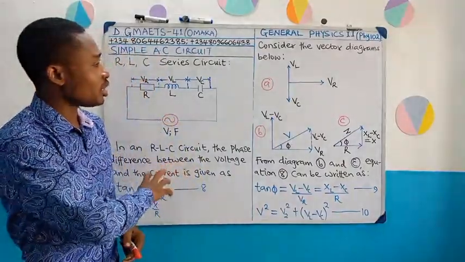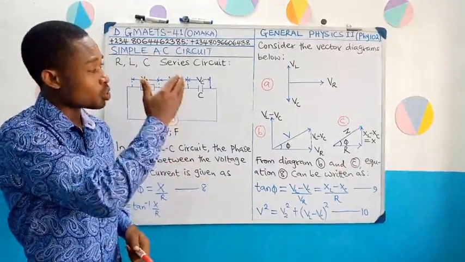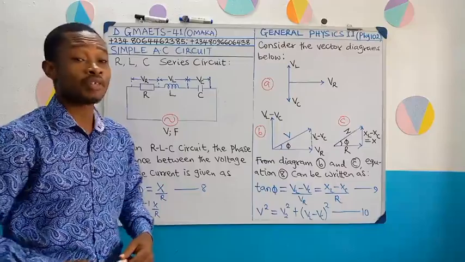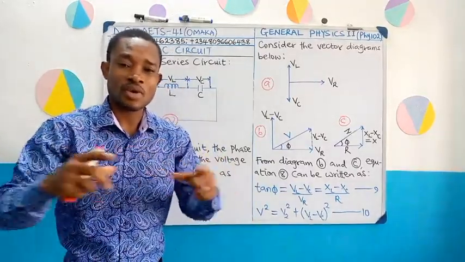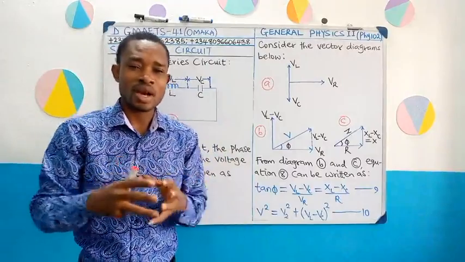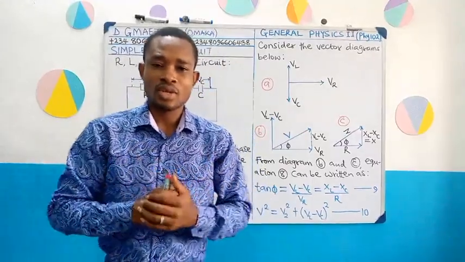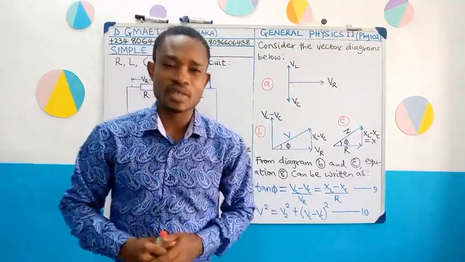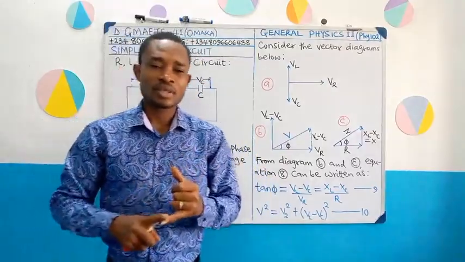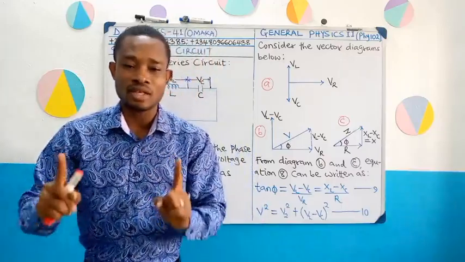Now, having explained equation 8, I'd like us to quickly look at the vector diagrams we have on the board here. We are using the resistance as our reference. The reason is that in a purely resistive AC circuit, you would recall that the current and the voltage are in phase.